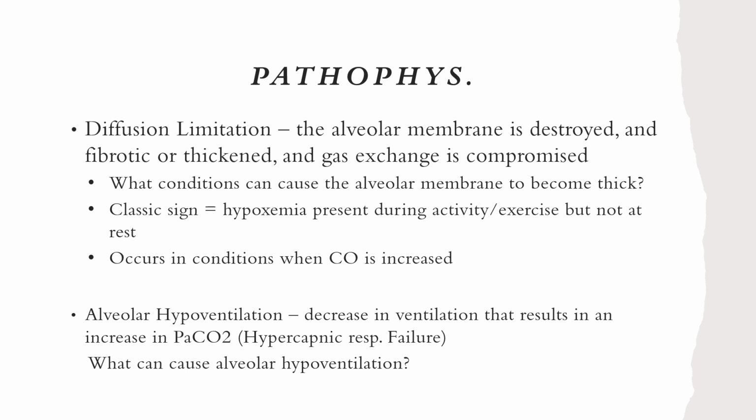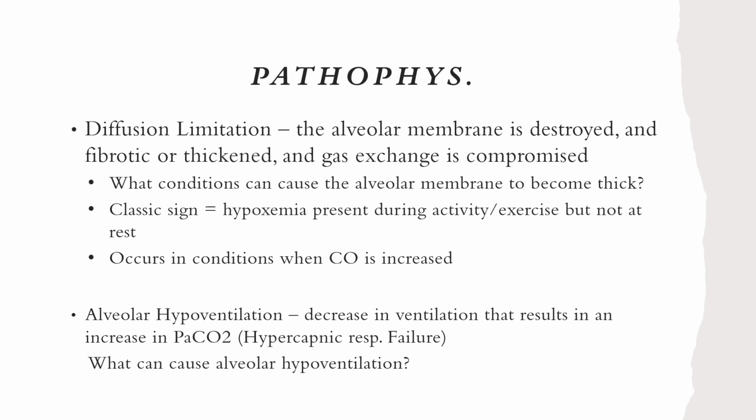Even if you think about it like an overdose, any type of opioid or drug overdose that's causing respiratory depression, that's another example of ventilation failure. It could be kyphoscoliosis even, where the patient can't fully expand their lungs due to an abnormality, and also restrictive lung diseases.